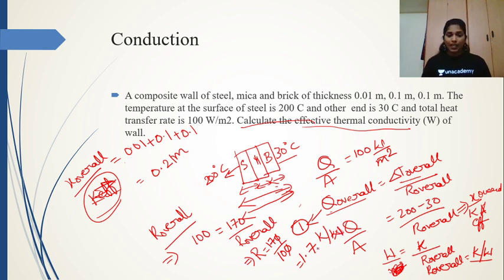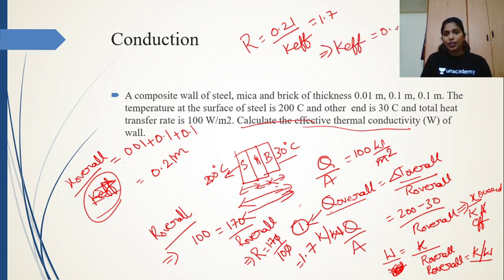So we have data about resistance. From this, R is equal to 0.21 by K effective, which is equal to 1.7. So K effective will be 0.21 by 1.7.